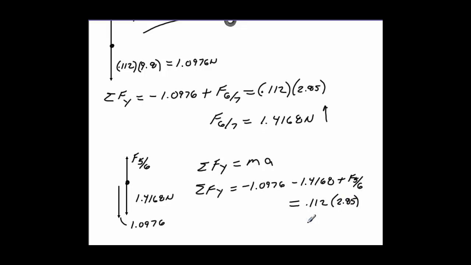We'll run that number real quick. That gives me minus 2.5144 plus F 5/6 is equal to 0.112 times 2.85, and that's 0.3192.